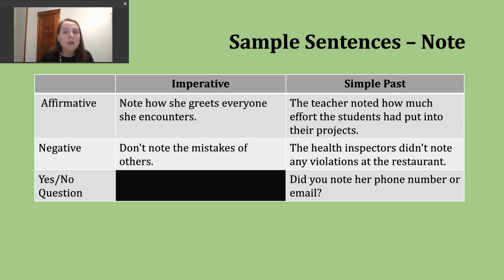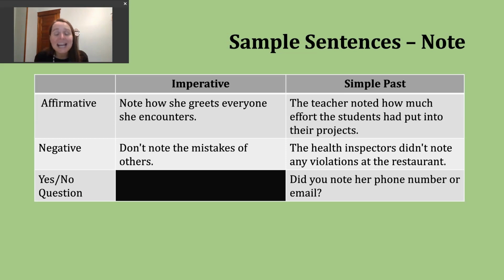Maybe this boss or manager is encouraging the new employee to notice how certain other coworkers are behaving, how they're interacting with customers or clients. So it's kind of one of those things where somebody's encouraging you, pay attention, right? I want you to act in a similar way.